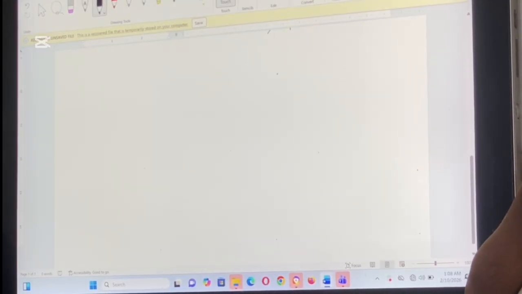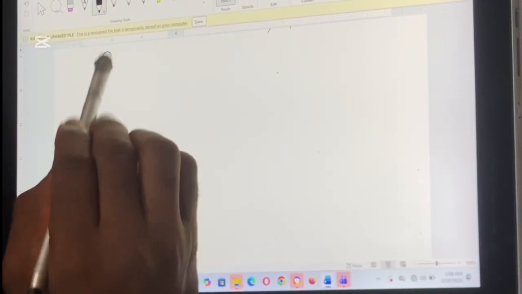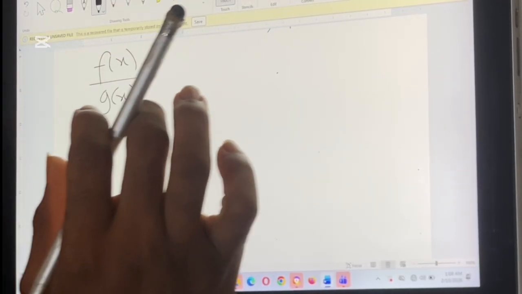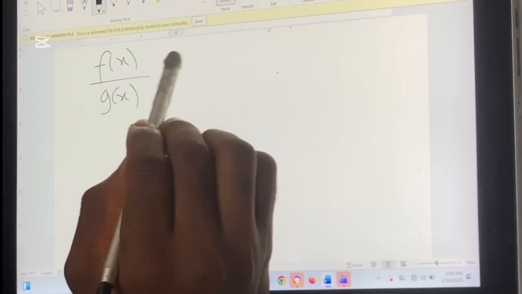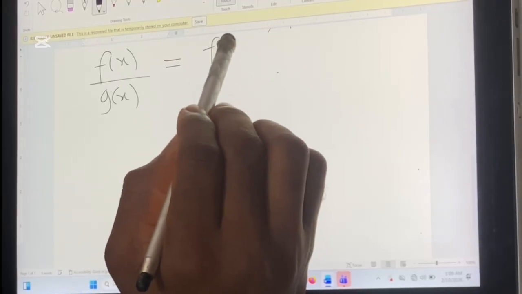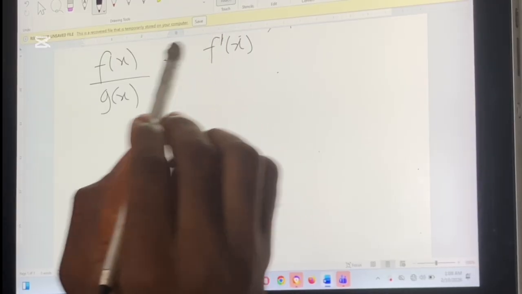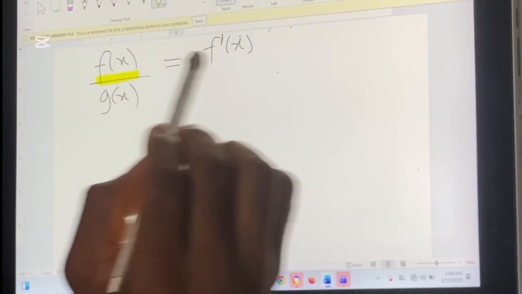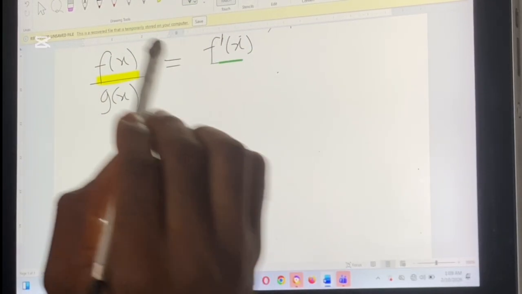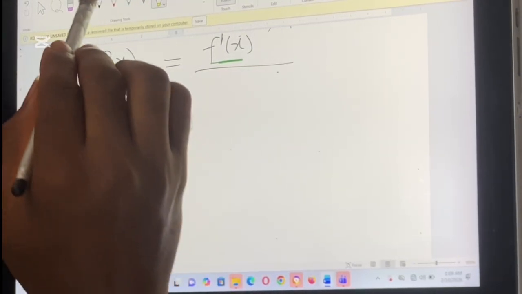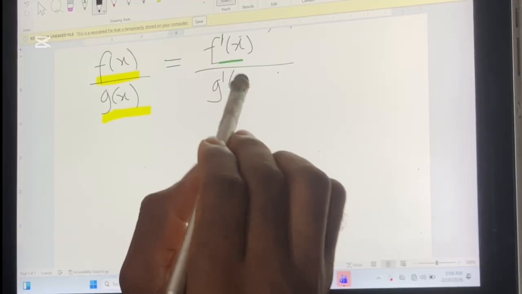So before we use L'Hopital's rule, let's understand the L'Hopital's law. So if you are given f of s over g of s, it is an indeterminate limit. So to solve this indeterminate limit, it means f prime of s, that is, differentiate this function here, you have this part over differentiate this function here, you have this part g prime of s.